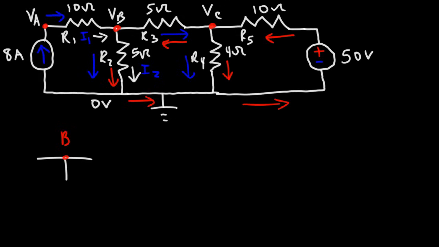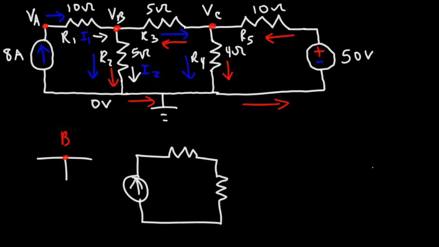So let's see what's going to happen if we remove R3 from the circuit. If R3 is removed from the circuit, the left side will look like this, and the right side will look like this.